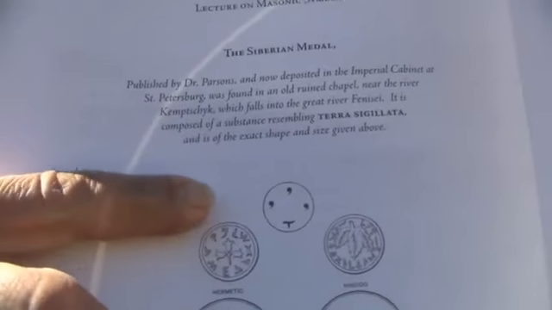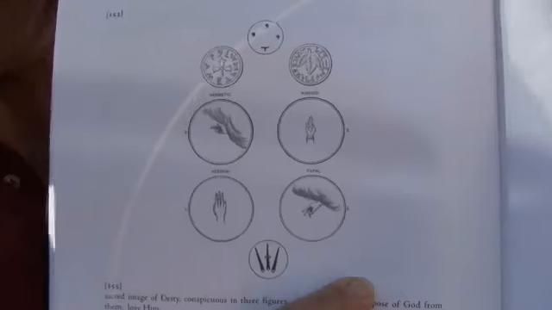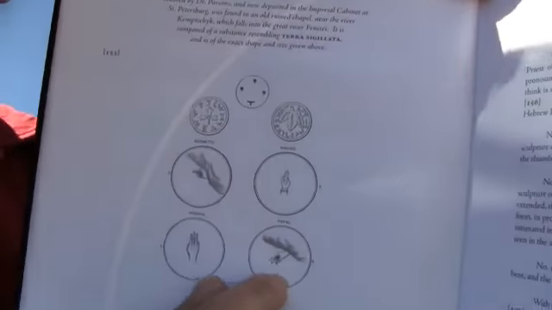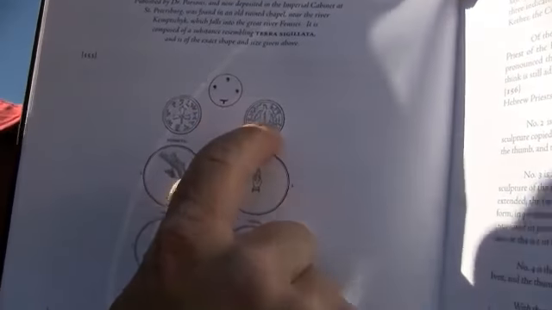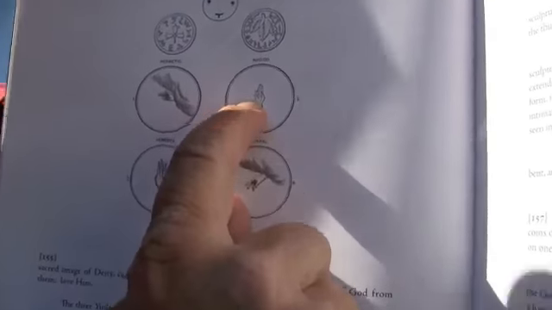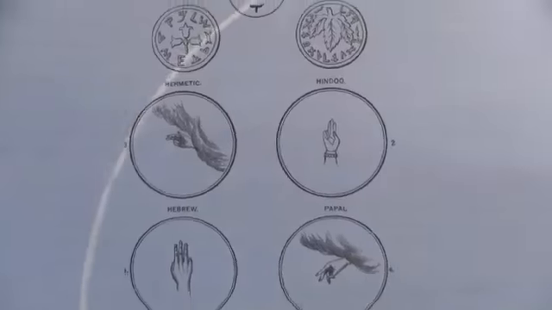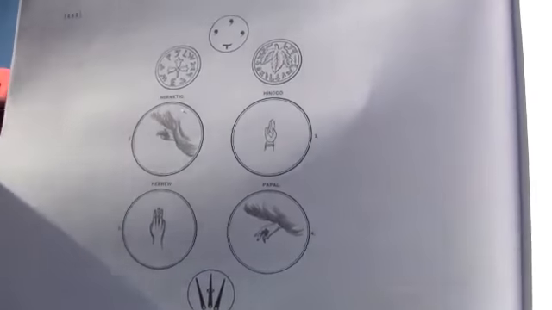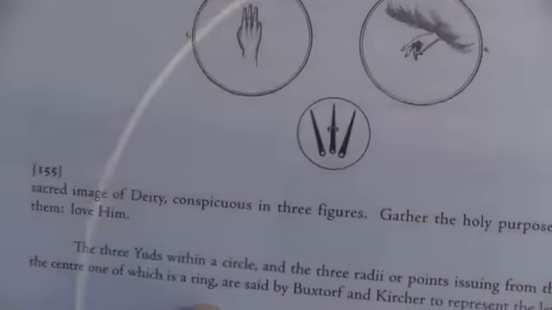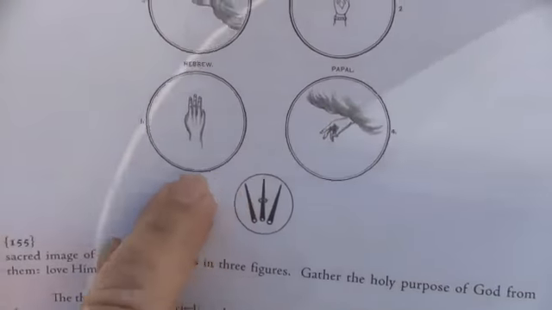Various types of trinities. You can see the three yods in this Hebrew one. It's interesting how the Hebrews also had this type of a trinity, and then the three different leaves here on this one. And then you have the maple leaf, of course, the triple maple leaf as a symbol, and then the various depictions of the hand with the three fingers from the various traditions of the Hebrew, the Papal. You can see there's the three fingers, the three pointers, the three fingers coming from the cloud.